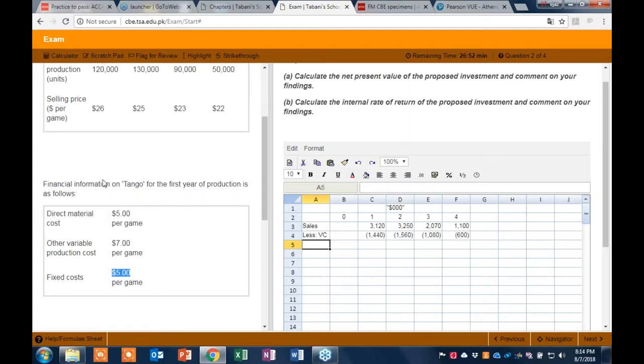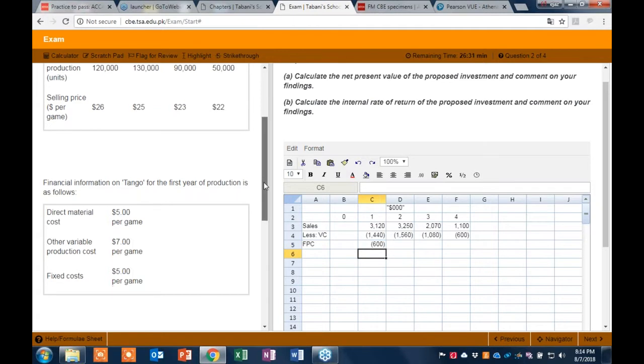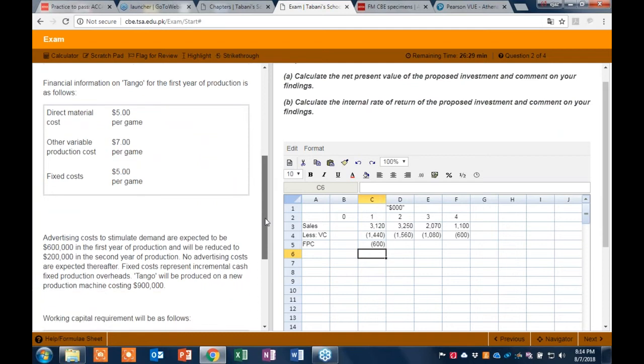So it's 5 in the first year, fixed production cost, FPC in short. It's $5 for the first year, and the sales volume for the first year is 120. It's 600, and we'll have to keep it at the same level. But before we move forward, let's first make sure that there is no change in the fixed production cost.